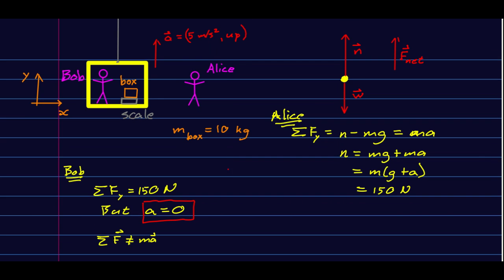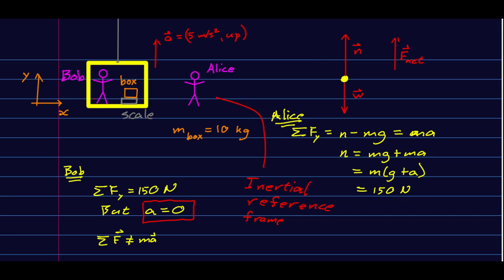The technical term used here is that Alice is in an inertial reference frame. And that just means a reference frame in which the law of inertia, in other words, Newton's first law, applies.